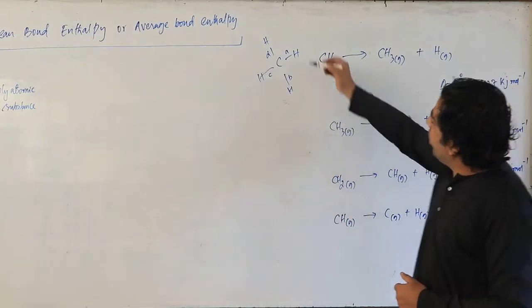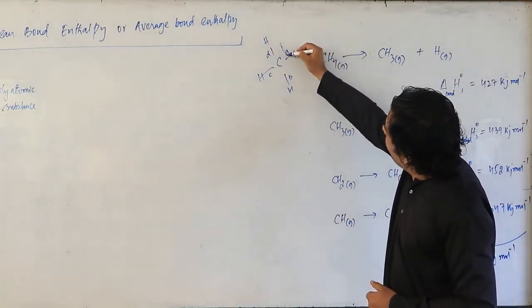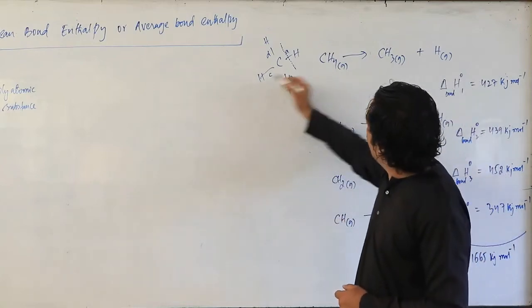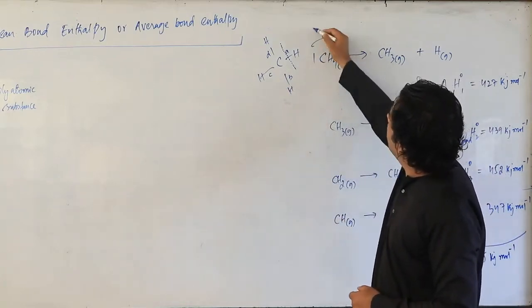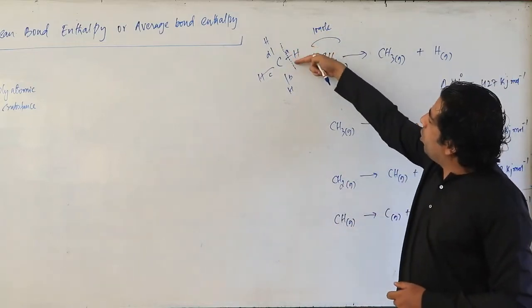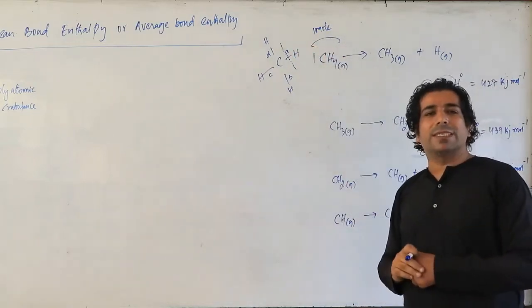So let us suppose you are breaking this 1 mole of single bond first. Correct? Let us suppose I have 1 mole of methane. And you are breaking 1 mole of single bonds.